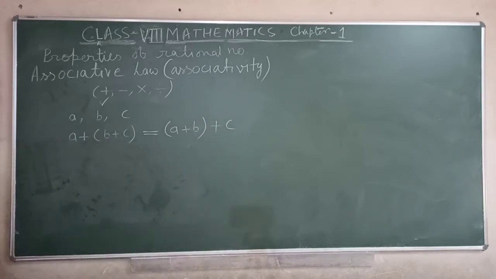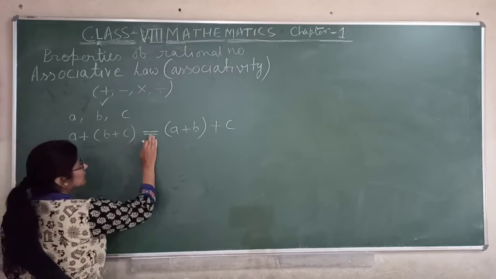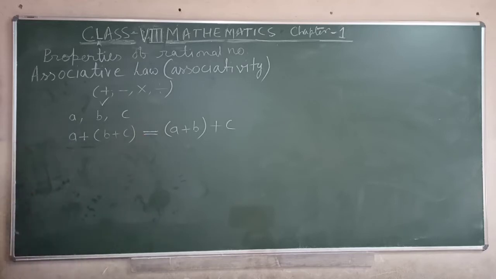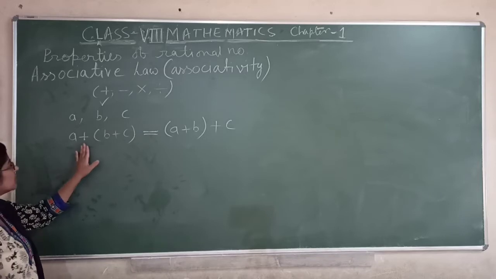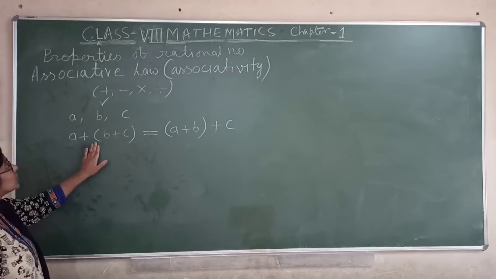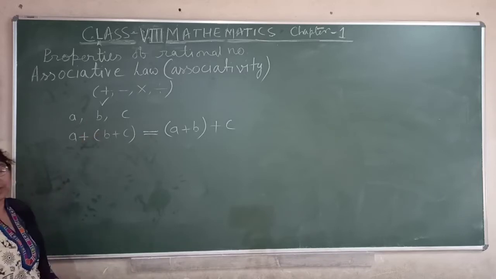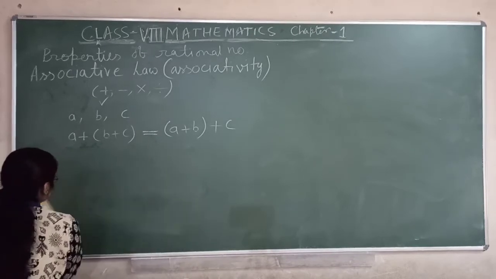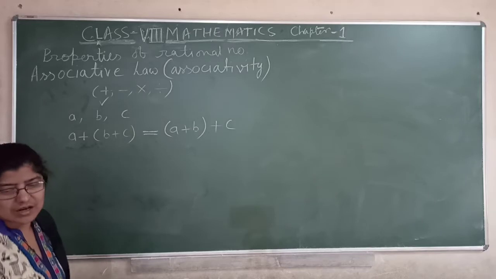It should be like that for addition. If this is applicable, there will be an equal sign. If not applicable, then not an equal sign. That's called associative law of addition for rational numbers.